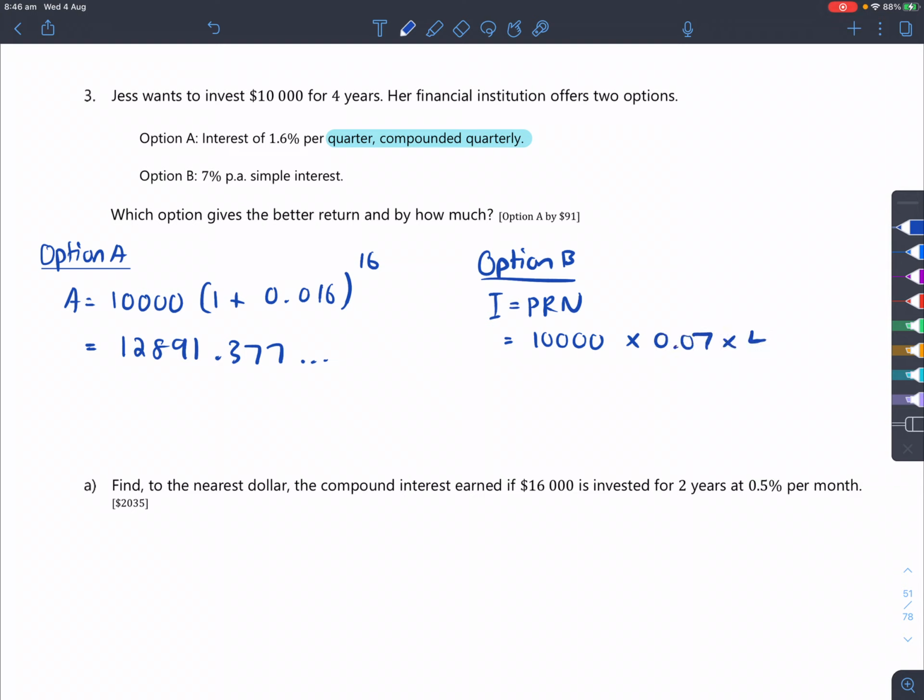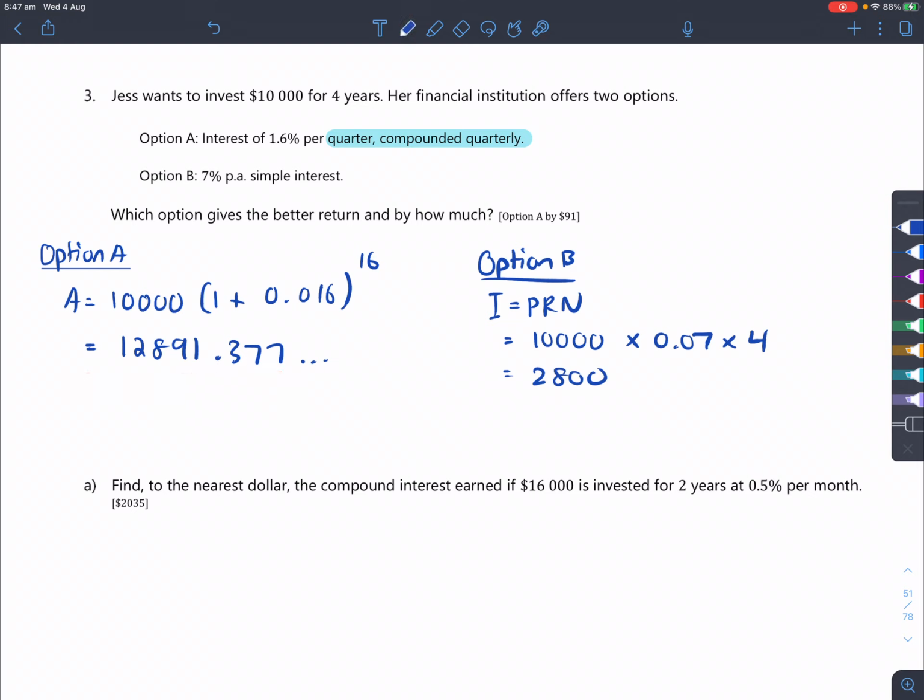We're going to multiply this for 4 years, since it's 7% per annum. So 10,000 times 0.07 times 4 is 2,800.